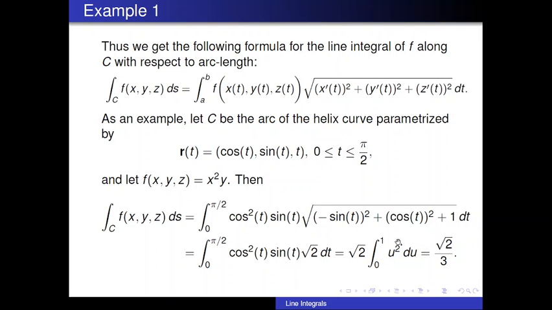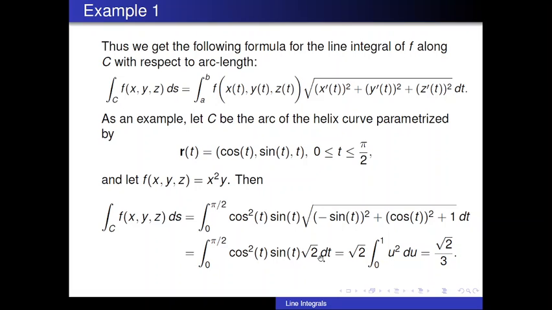This is the square root of minus sine of t all squared plus cosine of t squared plus 1. Luckily, minus sine of t all squared plus cosine of t squared gives us sine squared t plus cosine squared t, which is 1, so that everything underneath this square root becomes just 2. And so then we have the integral from 0 to pi over 2 of cosine squared t times sine of t times the square root of 2 dt.